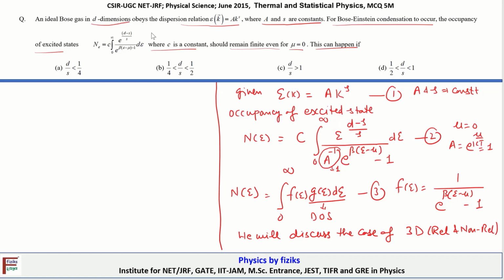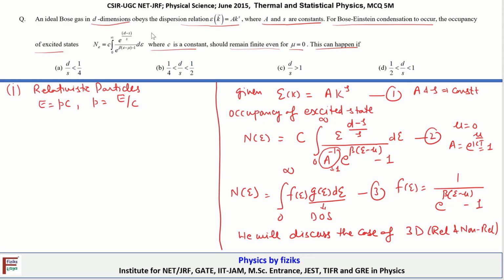For the first case, case 1, for relativistic particles, that is photons, you can say the dispersion relationship is E equal to PC, or P equal to E upon C.